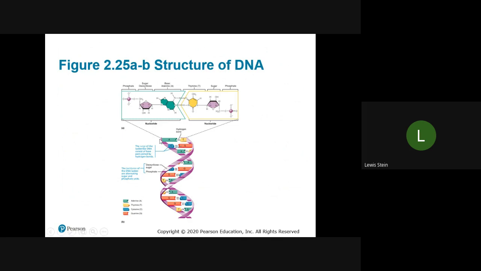So the backbone, so to speak, is the combination of the deoxyribose and the phosphate molecule. They form the so-called backbone that spirals on either side. And the beauty of this molecule, which makes it so unique, is that it's identical.